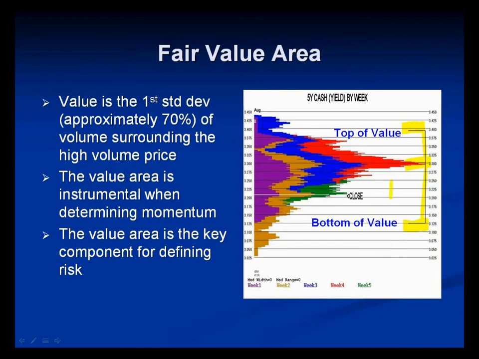As the market moves lower, your risk is defined by the top of value, and as the market moves higher, your risk is defined by the bottom of value. At least that's the most general way to use it. There are other ways to lock in profits, but for our purposes today, we're just going to deal with the top and bottom of value.